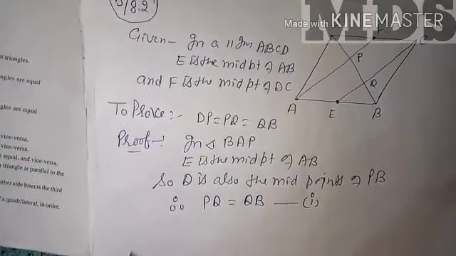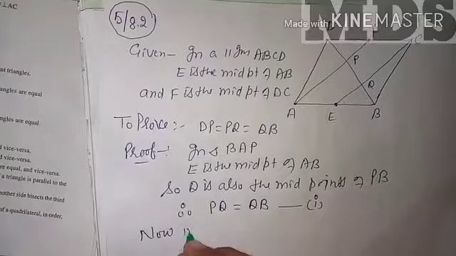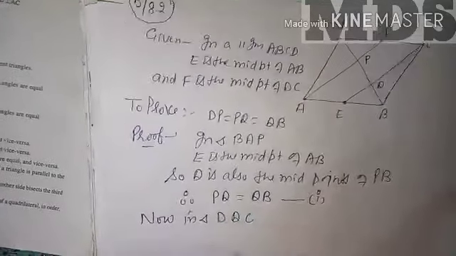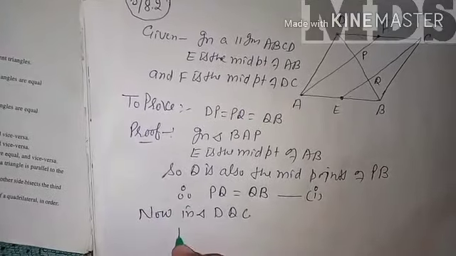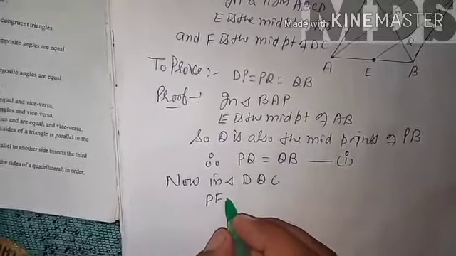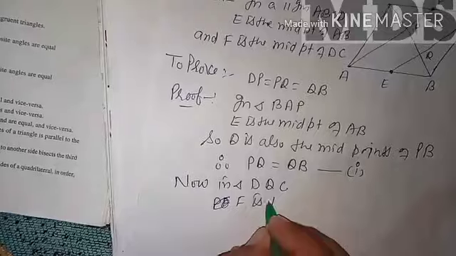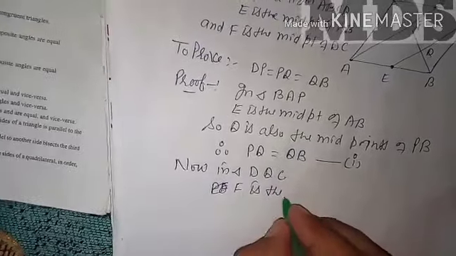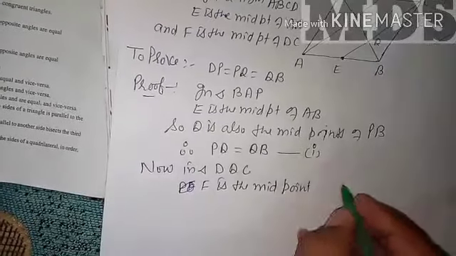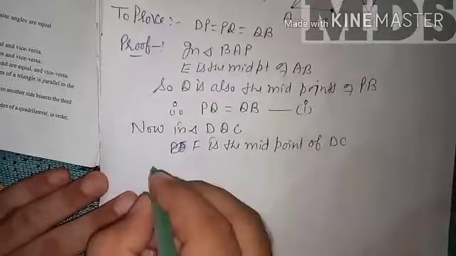Now in triangle DQC, F is the midpoint of DC.